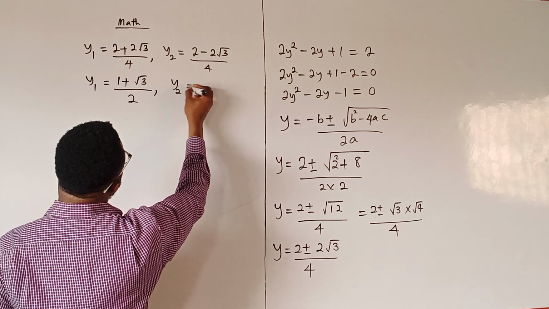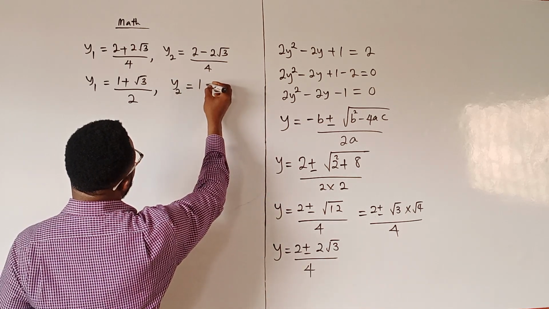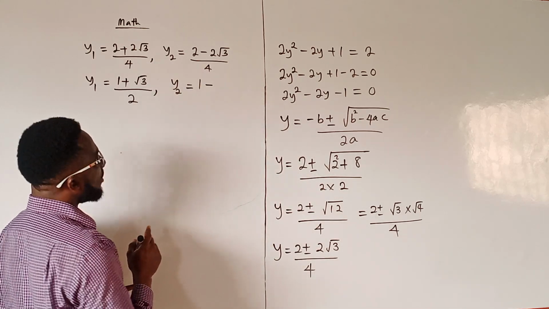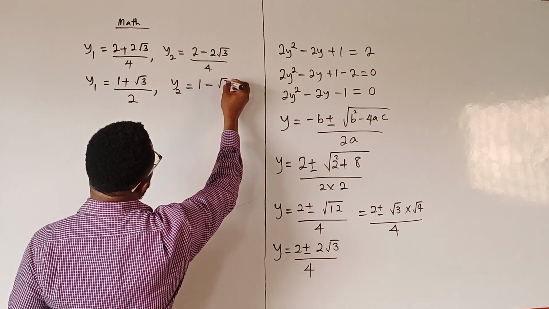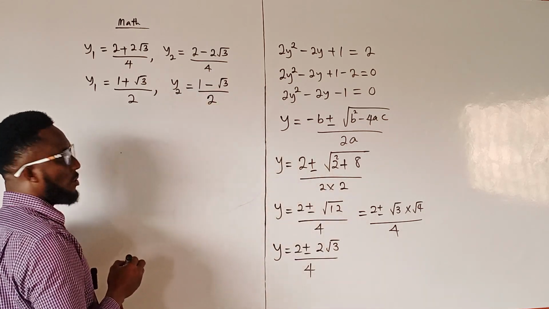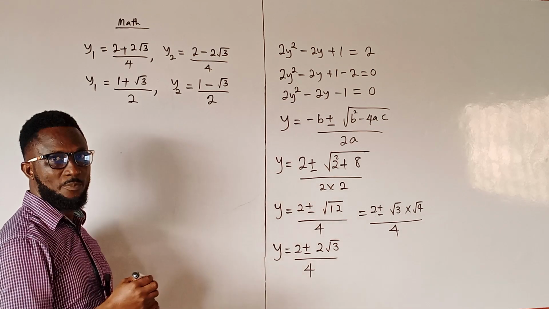Then y2 will be 2 divided by 2, that will also be 1. Then negative 2 rad 3 divided by 2, okay, negative rad 3, and 2 divided by 4 will be 2. So we have y1 and y2.